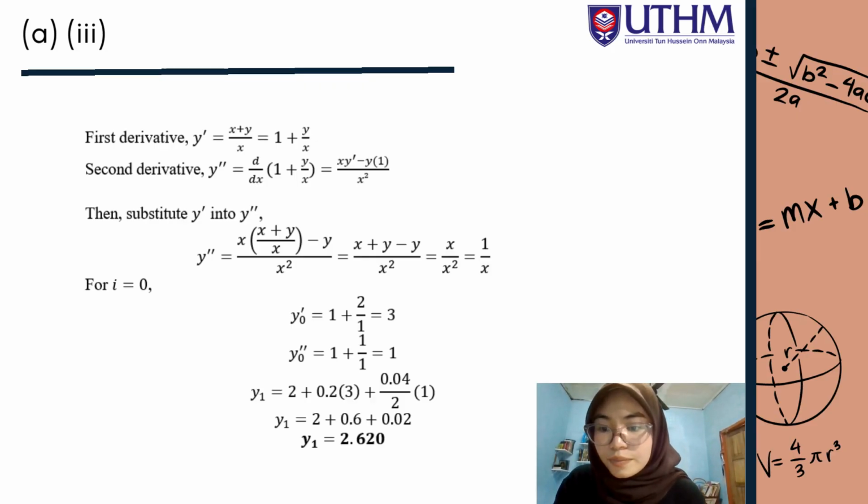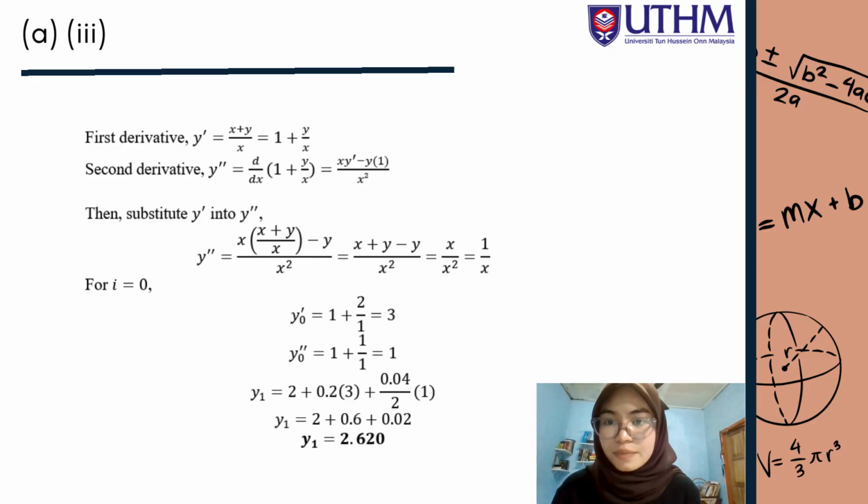The screen shows the example of calculation for i = 0, and we can get y1 = 2.620. And then this calculation can also be used for the next iteration.